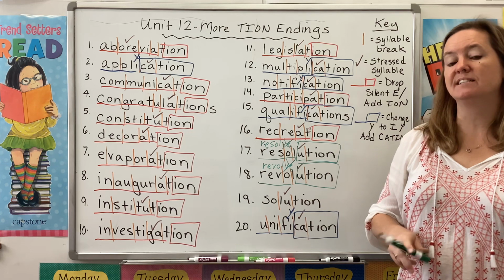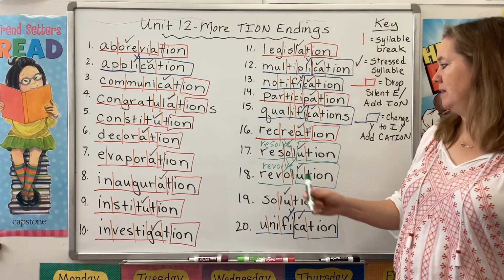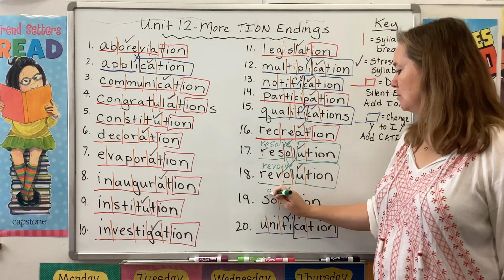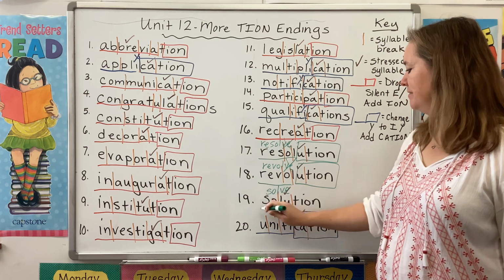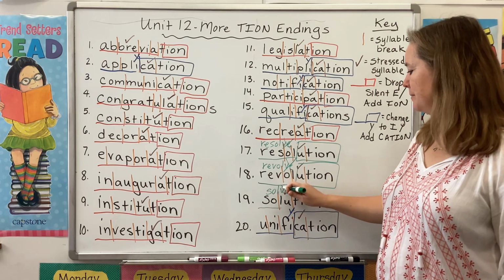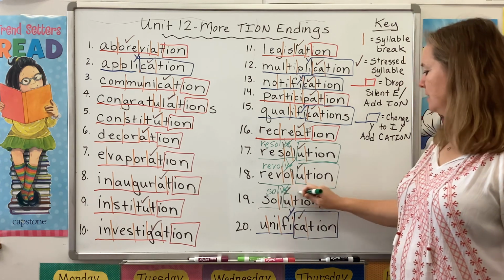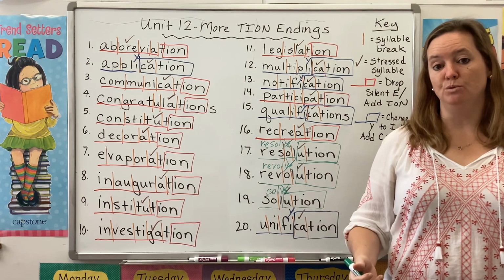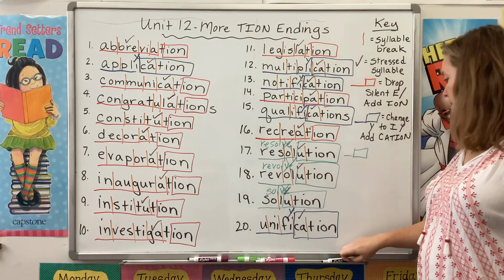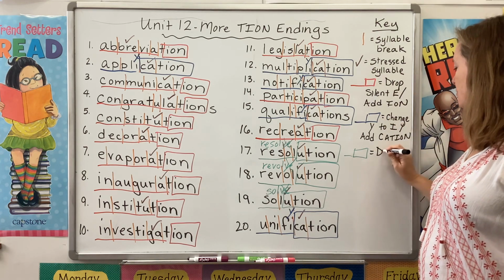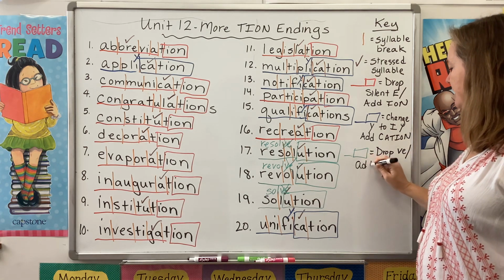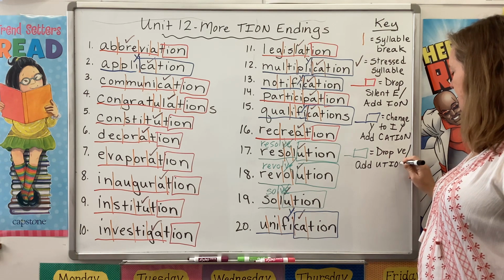What's hiding in the word solution? Well, if we have resolve and revolve, yeah, this one is solve, right? So if you solve the problem, get rid of the VE, you now have a solution. So, over here, what's our rule? Drop VE and add ushin.